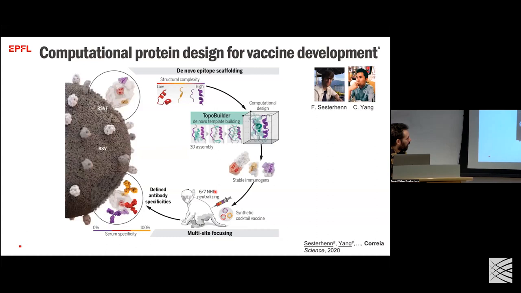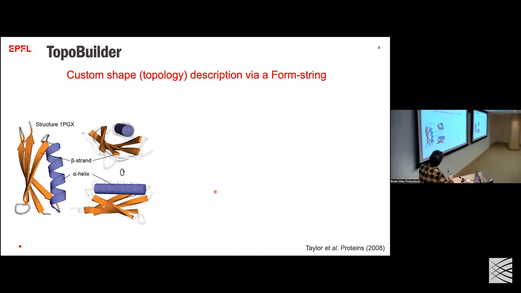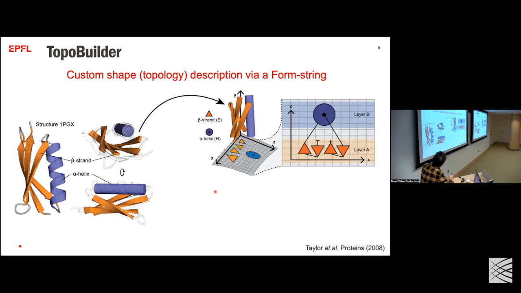Very good. All right, so we've heard a little bit about the topo builder, and to give you a better idea of what it was, and this is ultimately going to be important for the stuff we're doing right now. This is basically a way to compress protein structure into string formats.